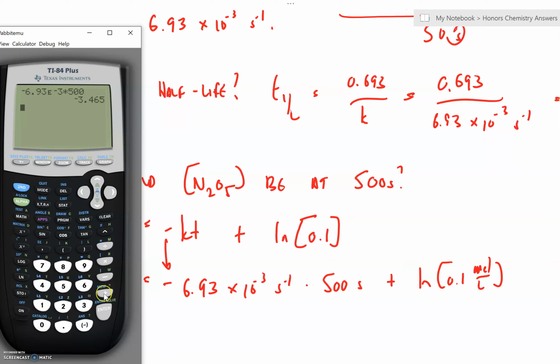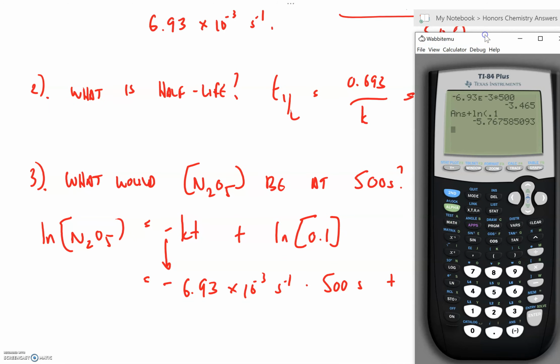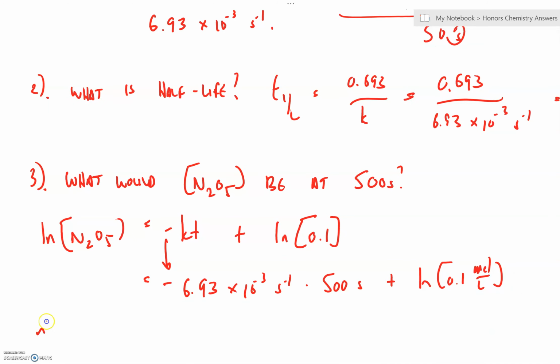We'll add to this the natural log of 0.1. And this is what we have. We'll call that negative 5.77. So the natural log of N2O5 at 500 seconds is negative 5.77.